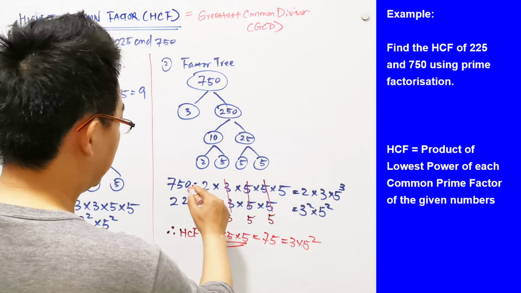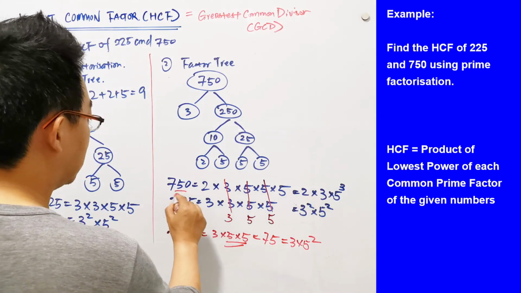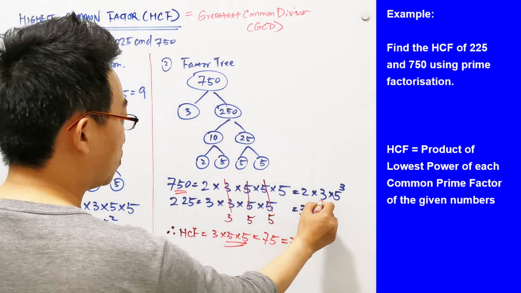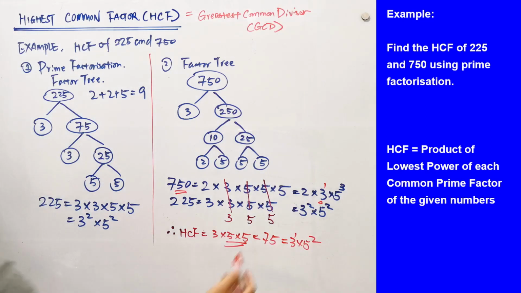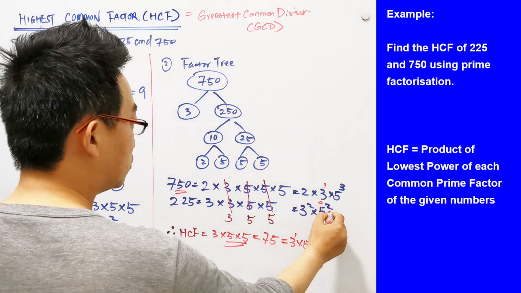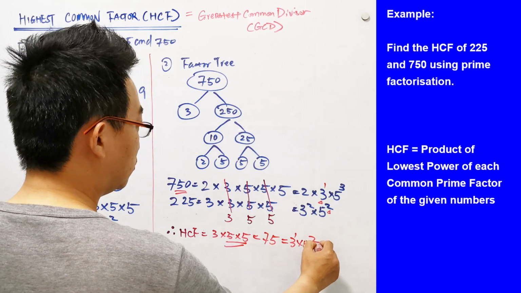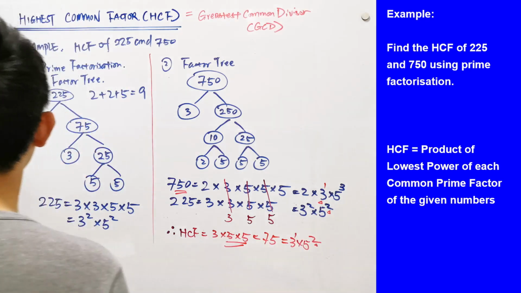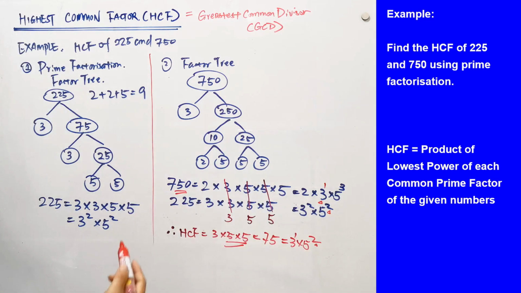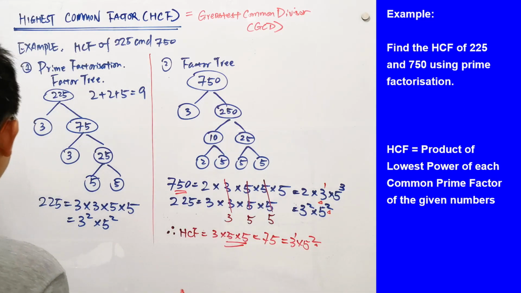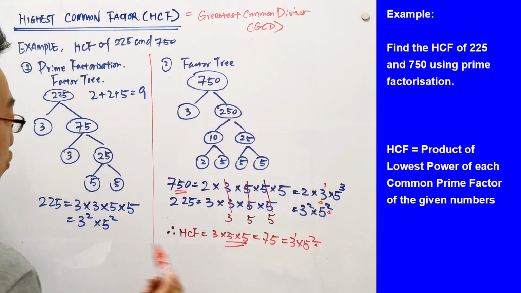For instance, for the 3, the lowest power is 1, right? And for this 5, the lowest power is 2. It's a 2 here, right? So the lowest power of each common prime factor, which is 3 and 5, of the given two numbers.